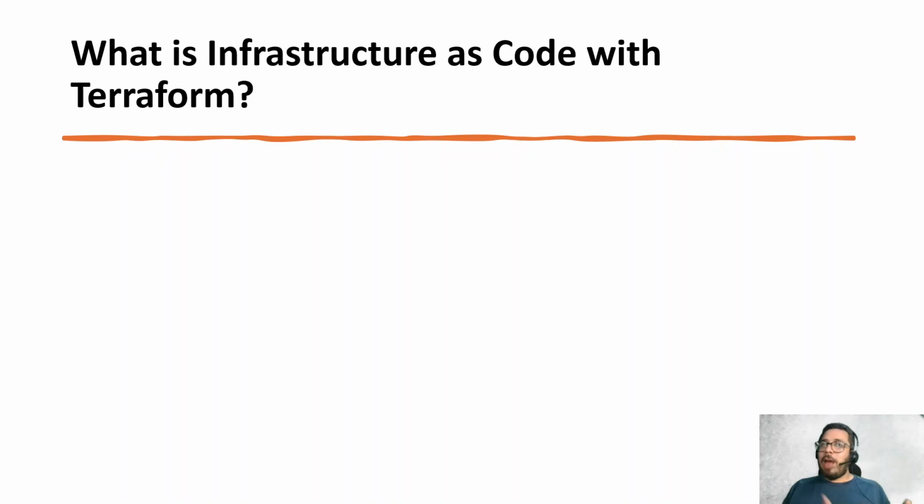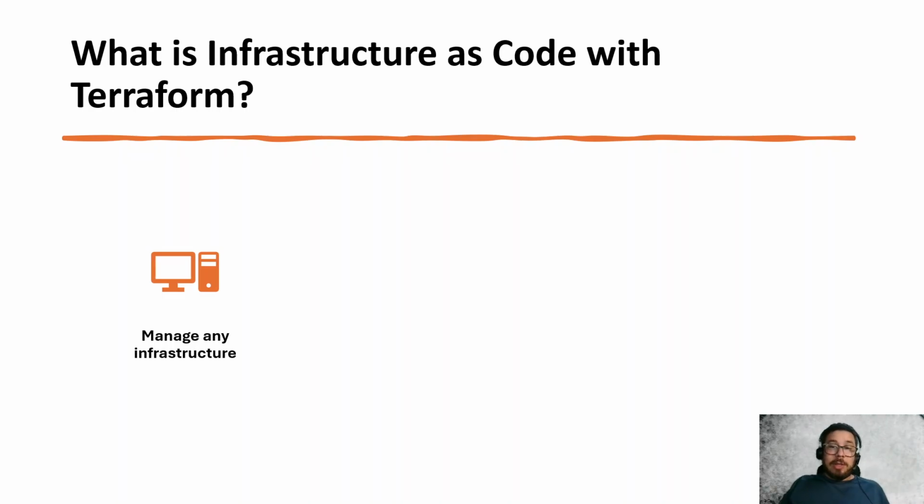So Terraform appeared and helps us read the configuration that we apply in the environment. Terraform can manage infrastructure from multiple clouds, allowing us to administrate Azure, Google Cloud, AWS, Oracle, even VMware. I can administrate it all with Terraform.